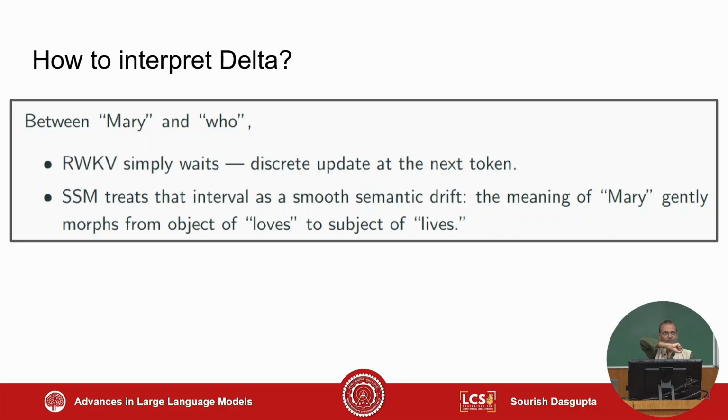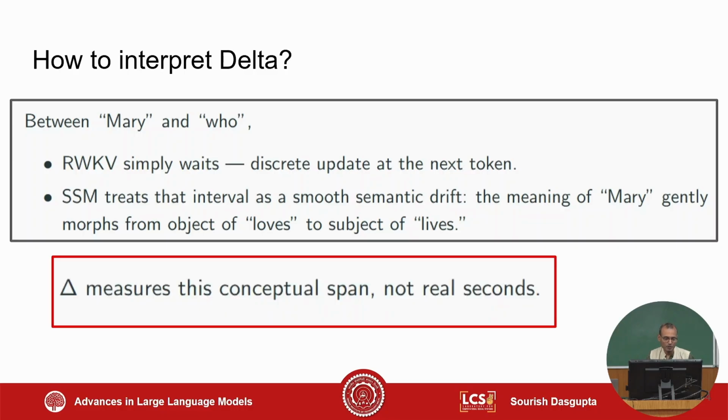Instead of doing something like tuck tuck tuck tuck, you just keep on bending that curve in a continuous manner. So that's what is happening here. So delta measures this conceptual span. It's not really a real seconds sense, which can happen for signals and speech, but it's basically a conceptual span.